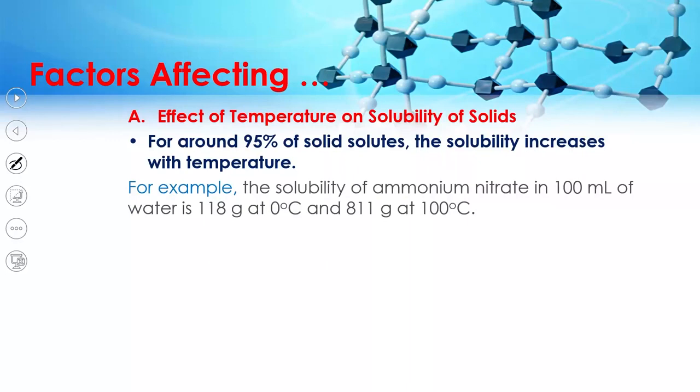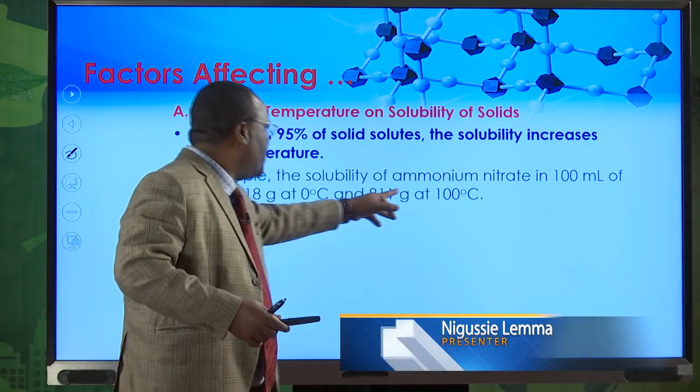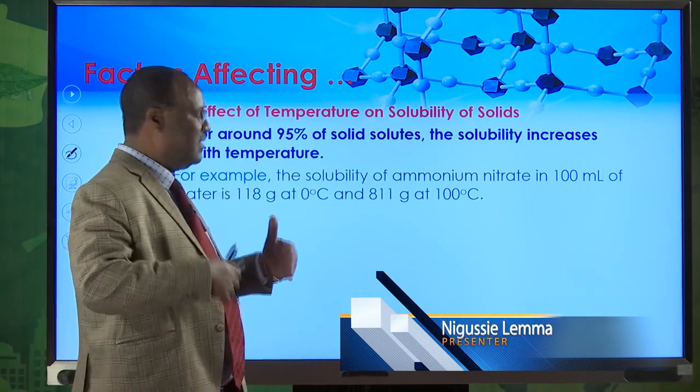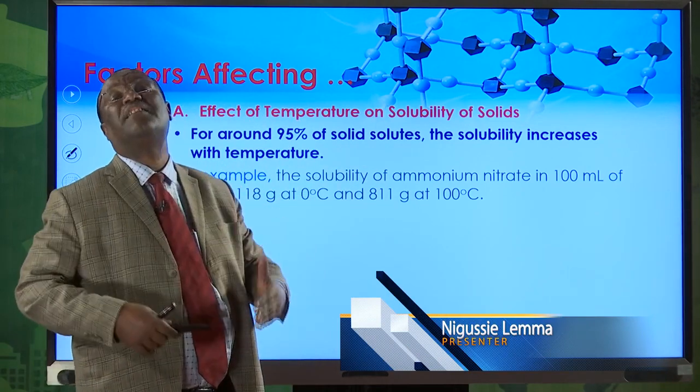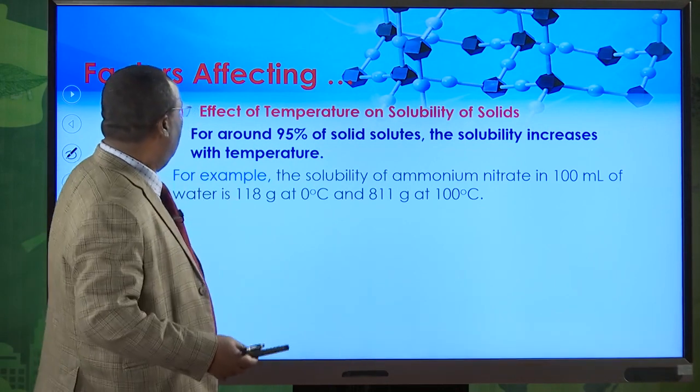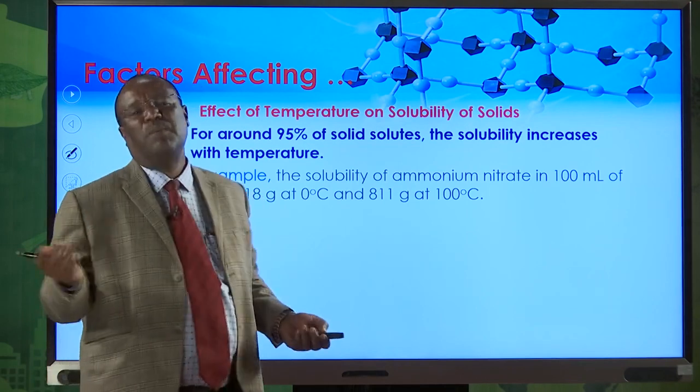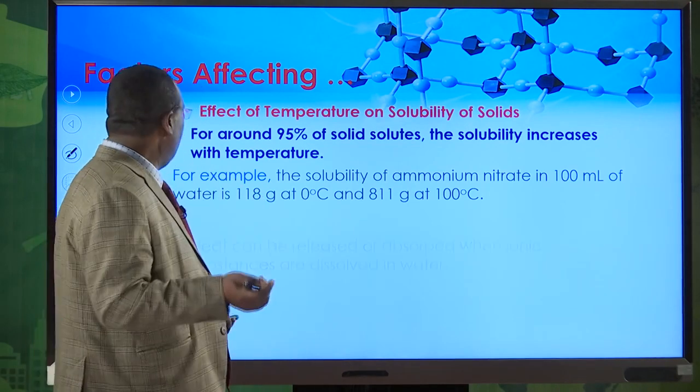This much ammonium nitrate will completely dissolve in 100 ml of water at 0 degrees Celsius. As temperature increases, the amount of ammonium nitrate that dissolves increases. This is one example of the effect of temperature on the solubility of most solids.